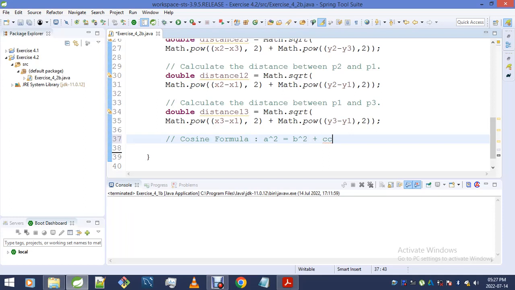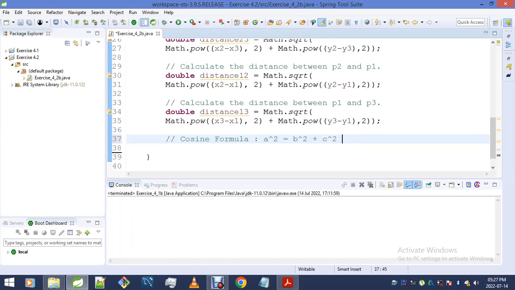I want people to note that these small letters refer to our sides. So far I'm talking about the first side, the second side, and then the third side. I'm squaring each one of them.